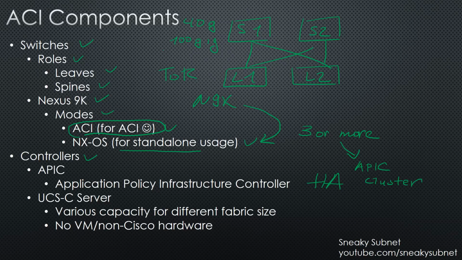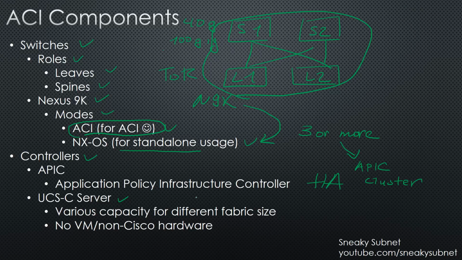Physically, a controller is a Cisco UCS C-Series server. You can choose between different capacities for different fabric sizes. Of course, if you have a little fabric, you don't have to buy the most powerful UCS C server. But if you have a bigger fabric, you should consider buying more powerful servers for the APIC cluster.